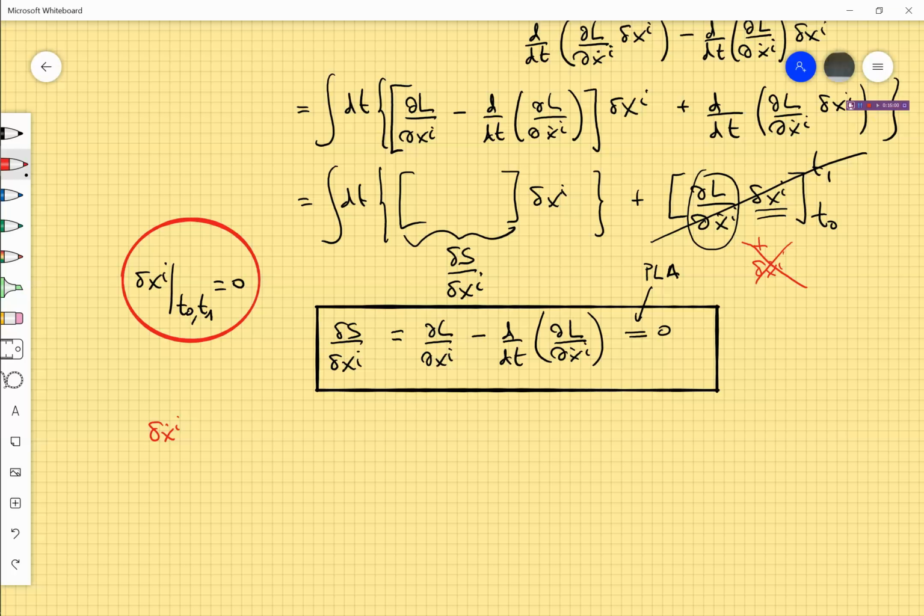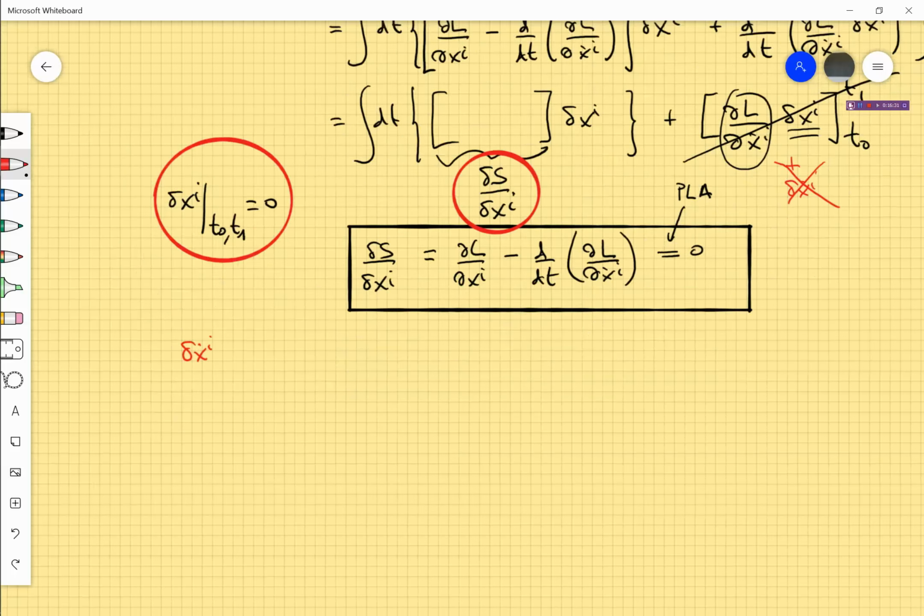If this boundary term does not vanish, we cannot identify really what delta S over delta xi is. So it is crucial that the boundary term vanishes. But if we impose too many boundary conditions, we just kill all the possible solutions, because you fix not only the positions at the beginning and the end of the trajectory, but also the speeds, and this really kills the problem.